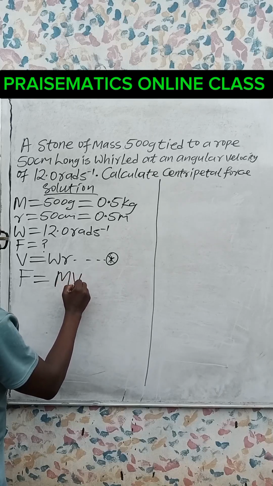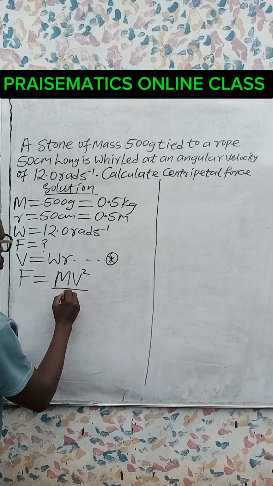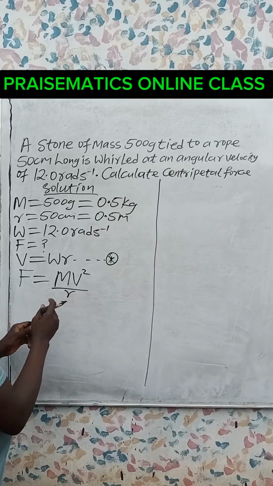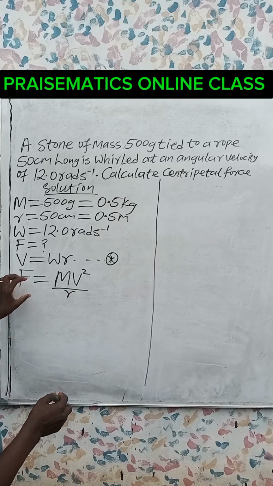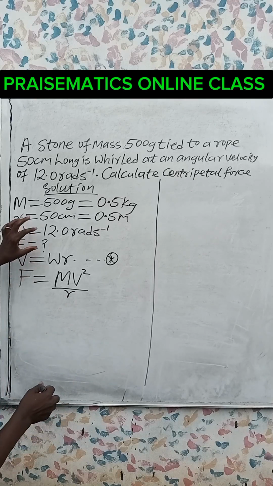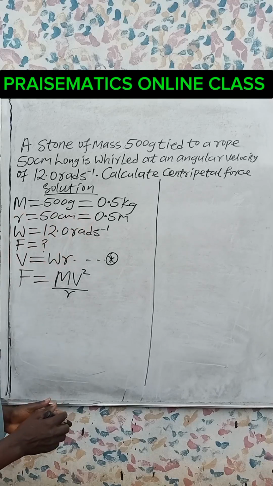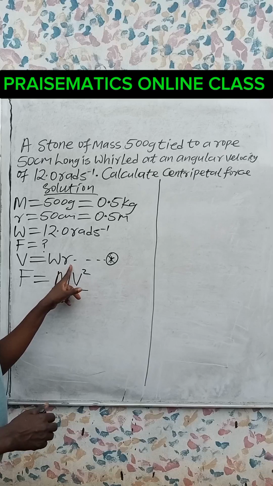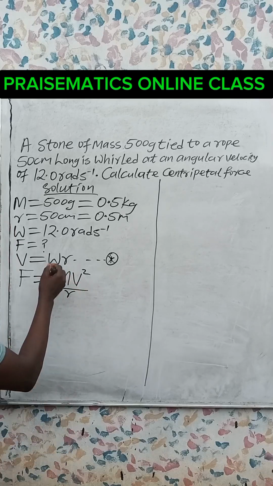Now, recall that the force is equal to mass multiplied by the velocity square over r. We are looking for force. Remember that the velocity is not given, but angular velocity and the radius are given. So we can now replace.